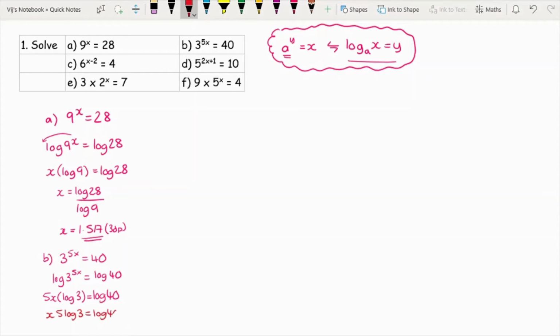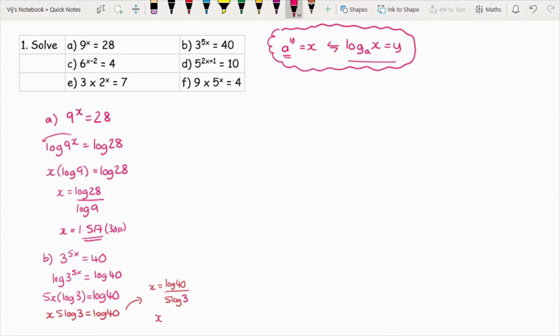Now it doesn't really make a difference, but I'm just making it easier for me to type into my calculator. So that's going to equal log 40 over 5 log 3. Let's just make that a little bit neater. Glad I've got a rubber.